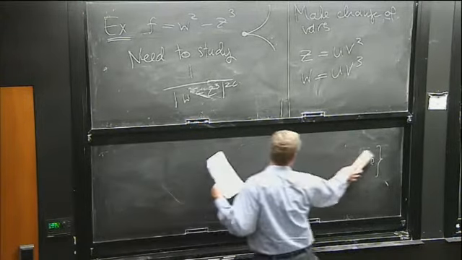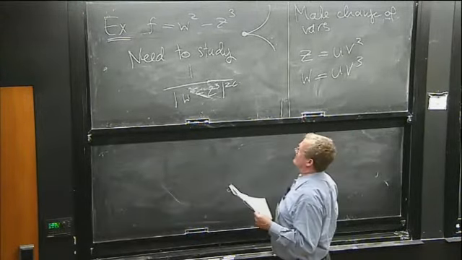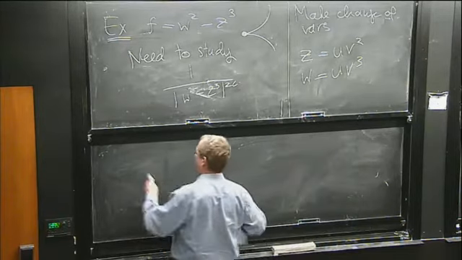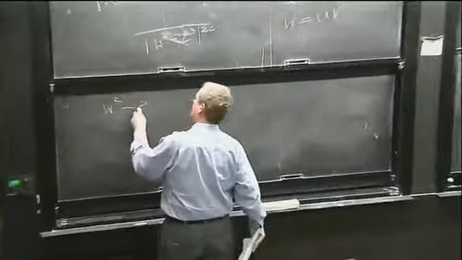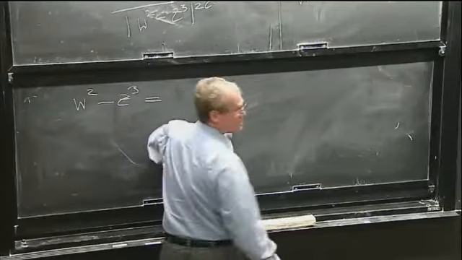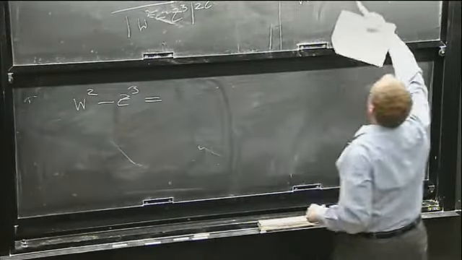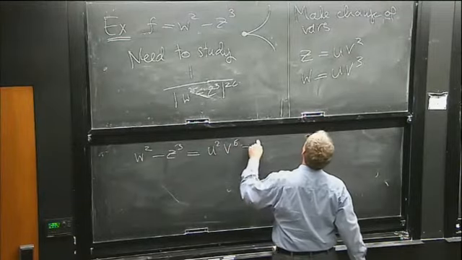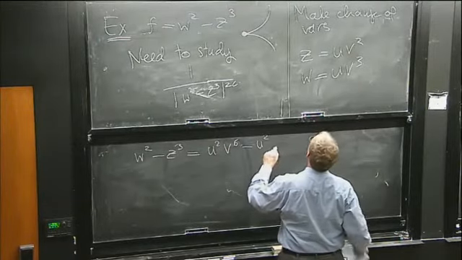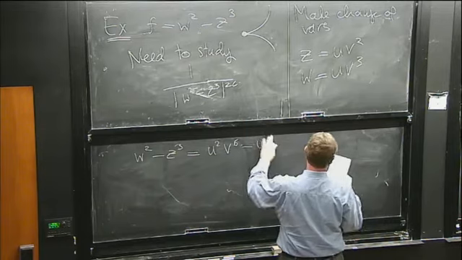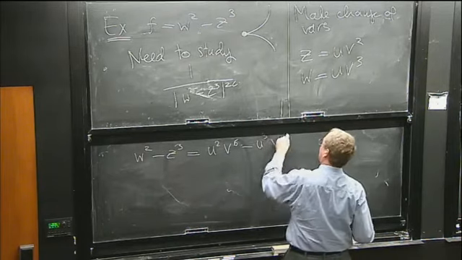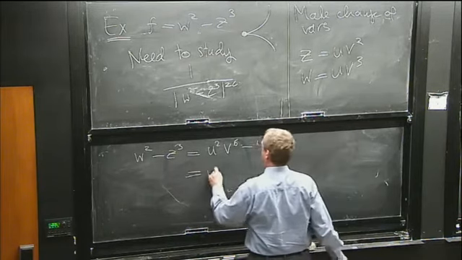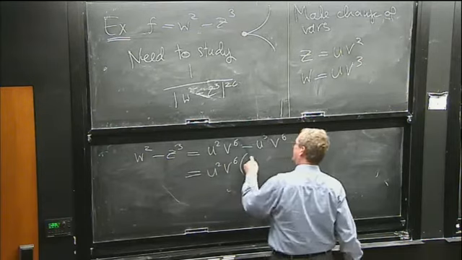So what happens to our integrand? What happens to w squared minus z cubed? If we change variables, we get u squared v to the 6 minus u cubed v to the 6. This is u squared v to the 6 times 1 minus u.